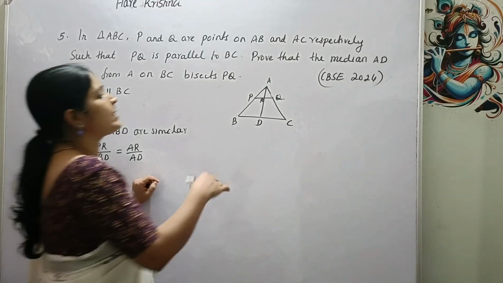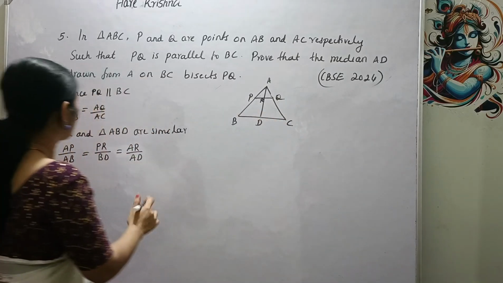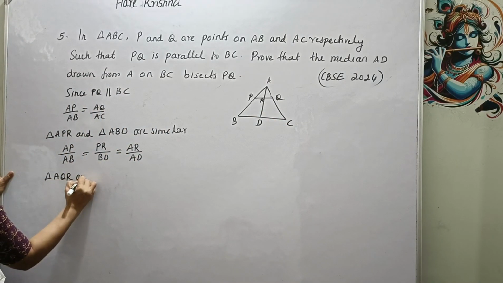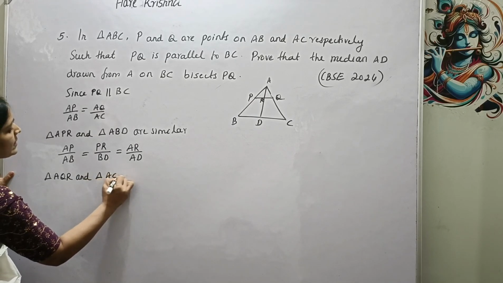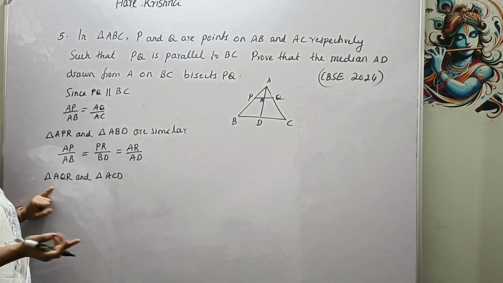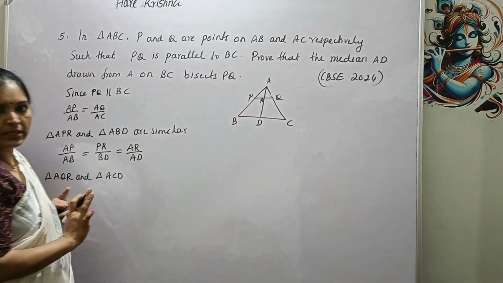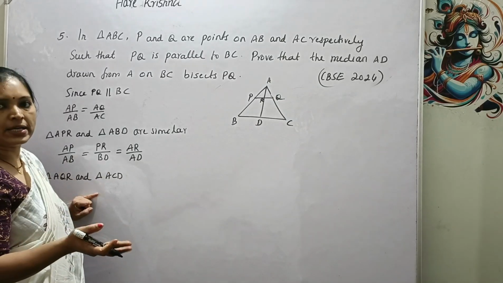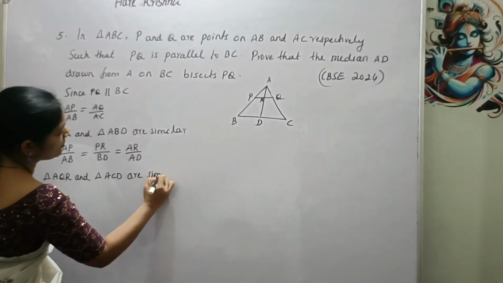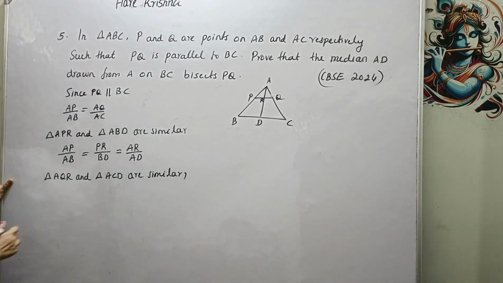Now let's consider two more triangles, triangle AQR and triangle ACD. See, here also angle A is the common angle and angle R is equal to 90 degrees, angle D is equal to 90 degrees. Therefore, by AA criterion, these two triangles are similar. Therefore, their corresponding sides are in the same proportion.